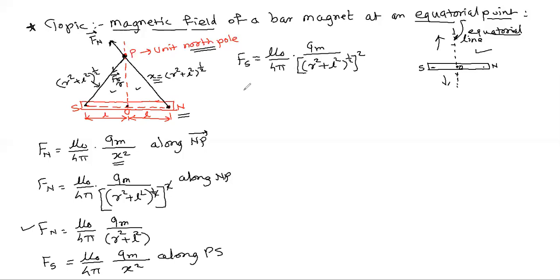So Fs is equal to mu 0 upon 4 pi Qm upon r square plus L square. So these two values I got. Suppose this one is equation 1 and this is 2. So what do you observe from these two? From 1 and 2, you can say that both have the same magnitude. So I can say Fn is equal to Fs.